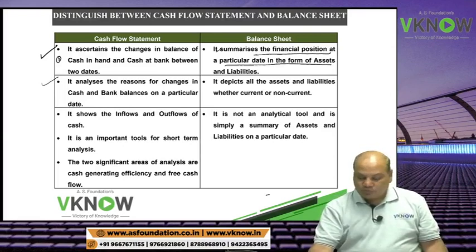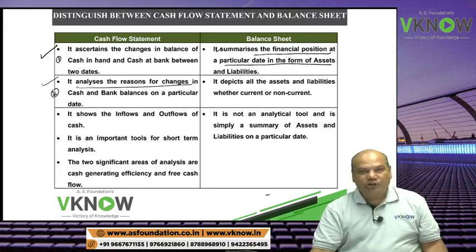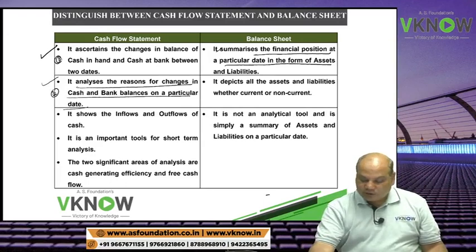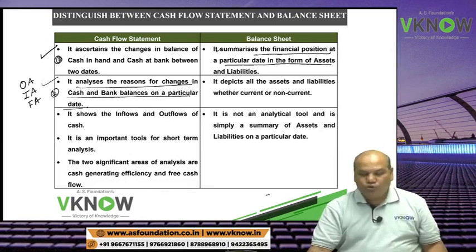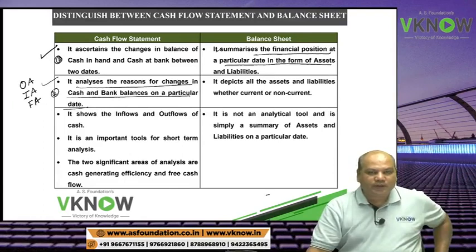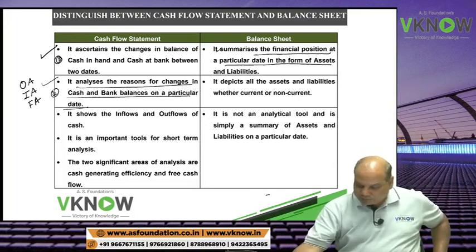Point number 2, an important difference: cash flow statement analyzes the reason for the change in cash balance. First point says it calculates change in cash balance. We also get to know how much cash flow is due to operating activity, how much due to investing activity, and how much due to financing activity.